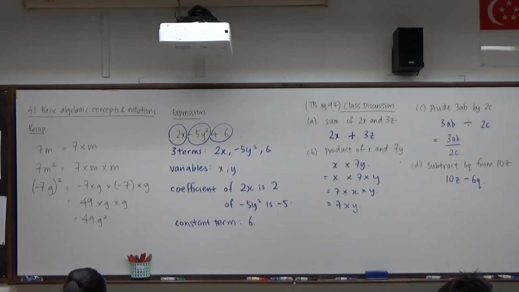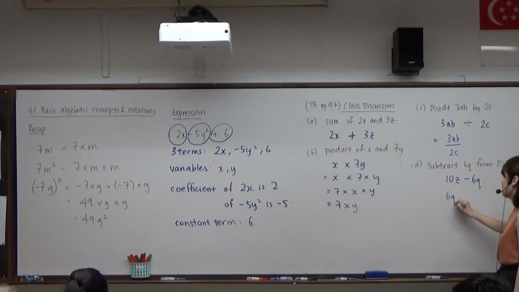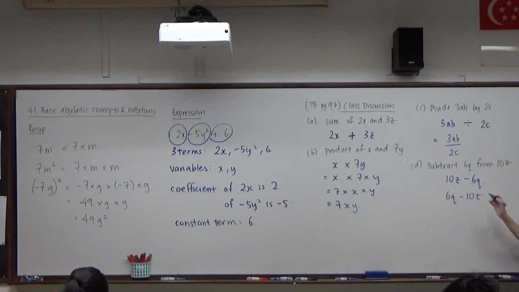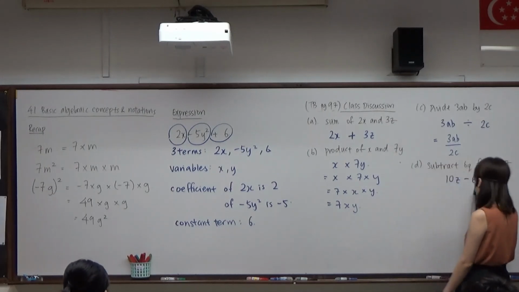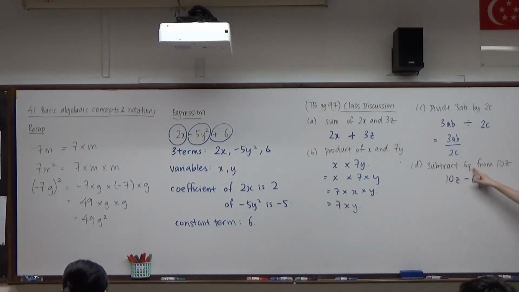Right, how many of you agree with me? Will anybody think that it is 6q minus 10z? No? I'm glad that we don't think this way. Why? Because we say subtract 6q from 10z. So it must be 10z coming first. From there, we take out the 6q. So that's why 6q comes after that.